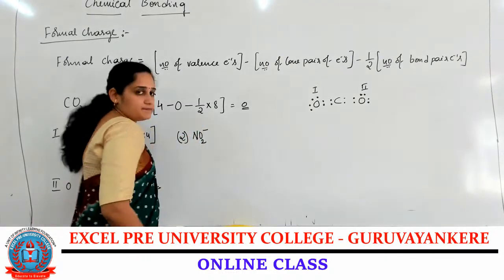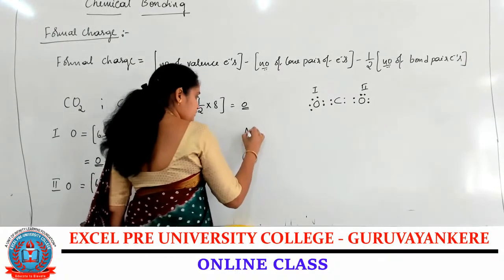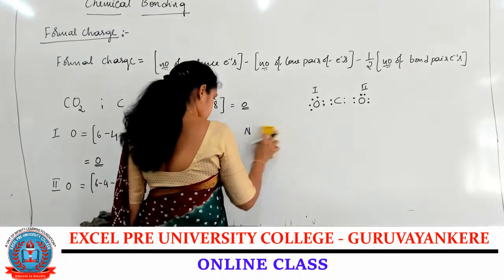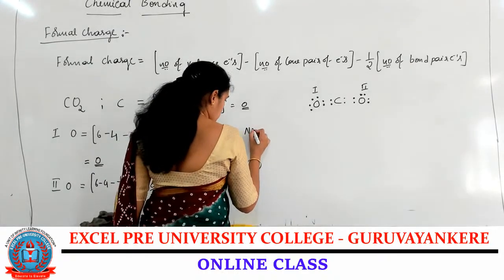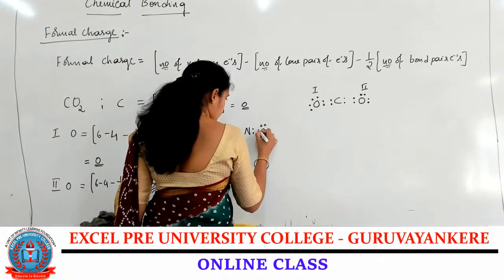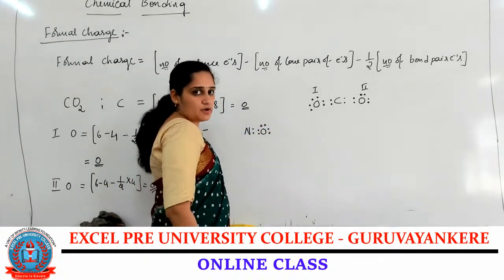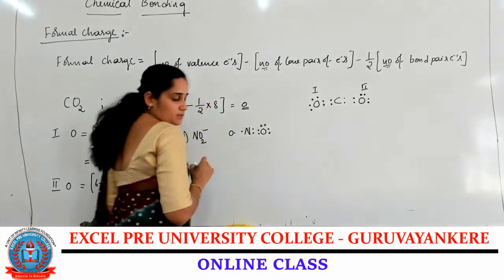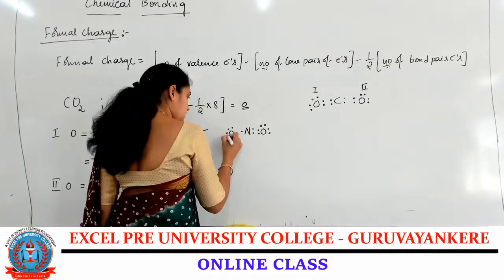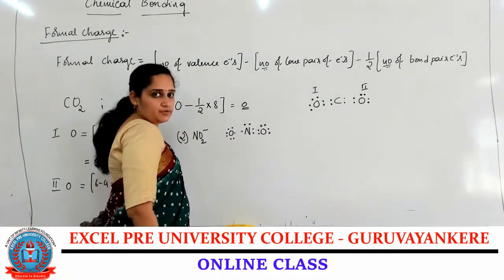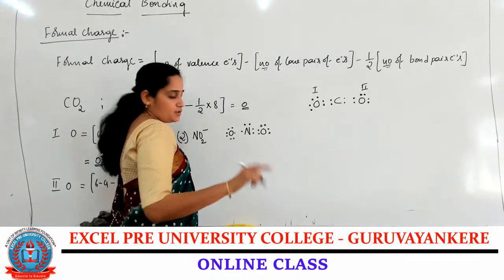NO2 minus. If you write the Lewis dot structure, there are 2 bonds in total. Between the oxygen and the nitrogen, a single bond. On the nitrogen atom, there is 1 lone pair of electrons.